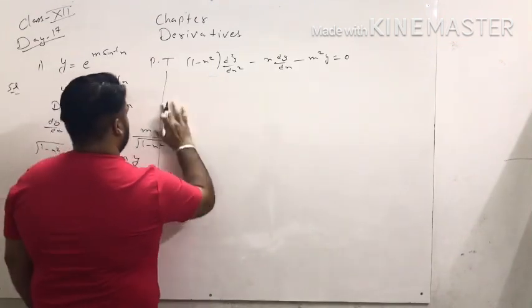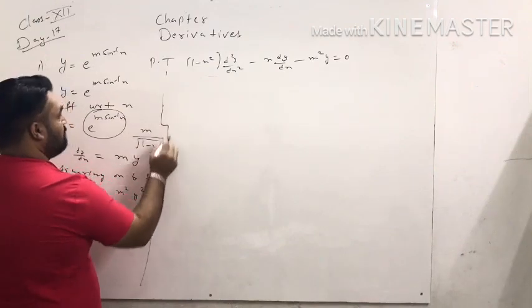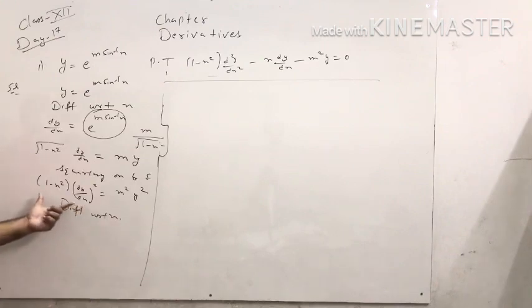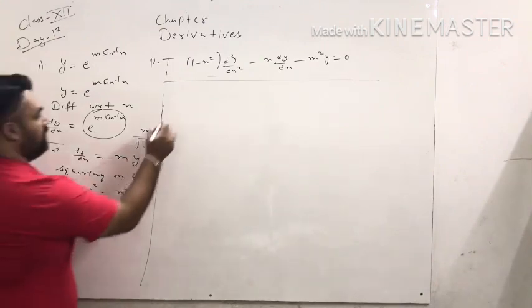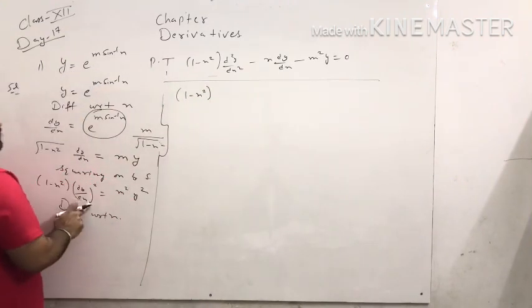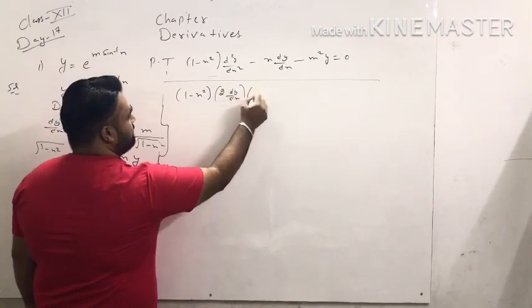Now we have to differentiate this equation. Now there are two terms. We use product rule. Product rule means first term same, the derivative of second. The derivative of second is 2 dy by dx.